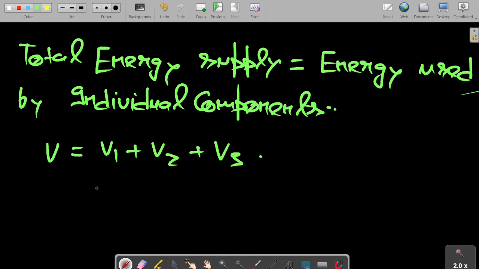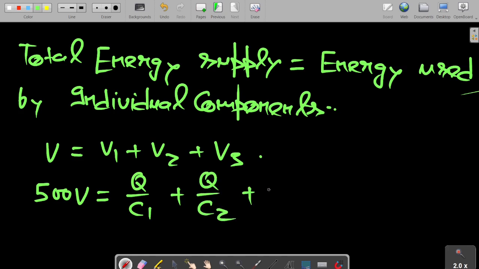Okay, that is, across capacitors C1, C2 and C3 we have V1, V2 and V3, and it is equal to 500 volt. And V1 is equal to Q upon C1, V2 is Q upon C2 and V3 is Q upon C3.